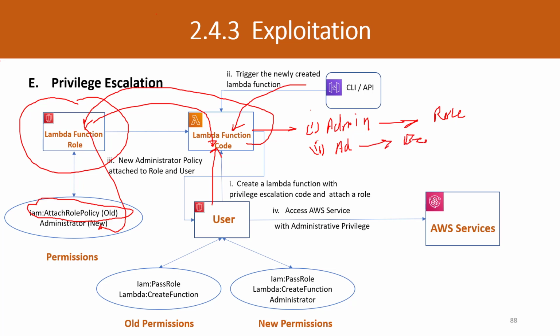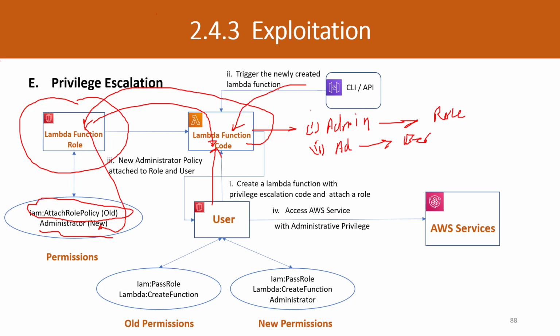The first time it gave the error because this role doesn't have attach user policy, it only has attach role policy. But once you attach the administrator policy to this role itself, this role has administrator access. That means this role can do whatever it wants.